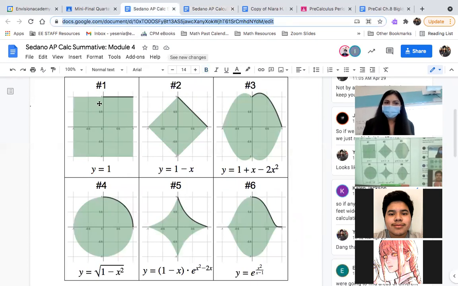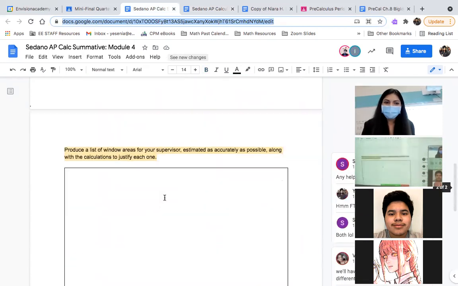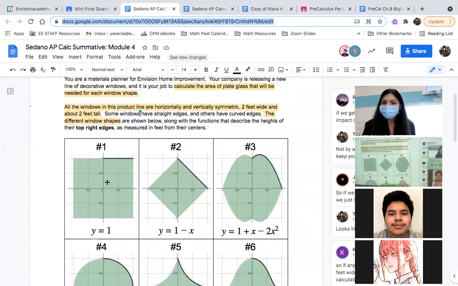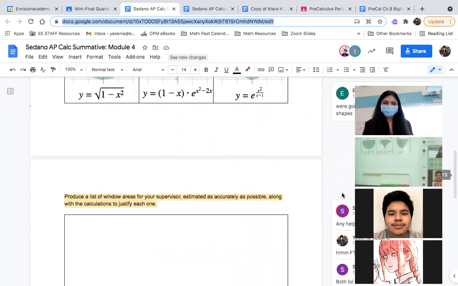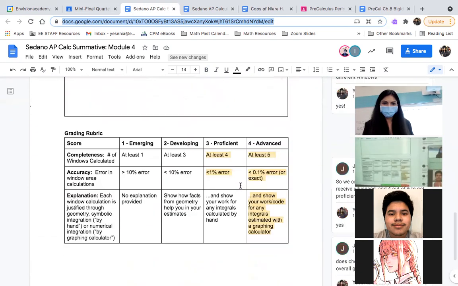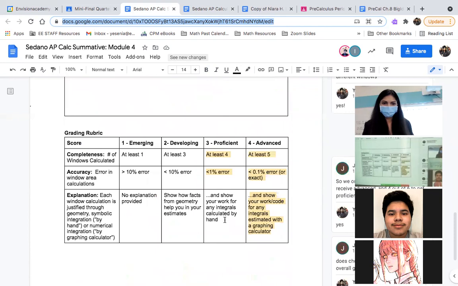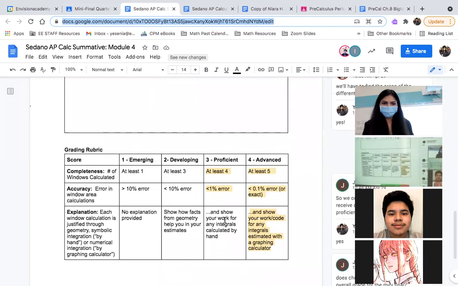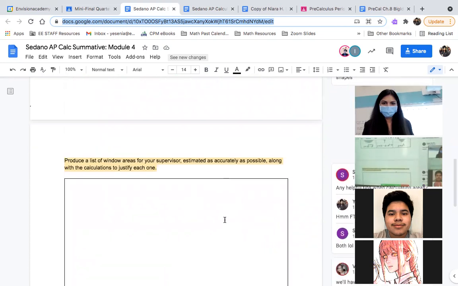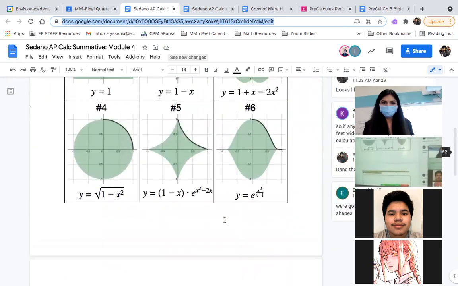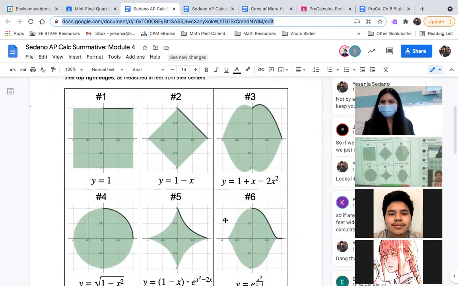So for everyone that's in here, how would you try to figure out the area of window number 1? Just shoot out some ideas.